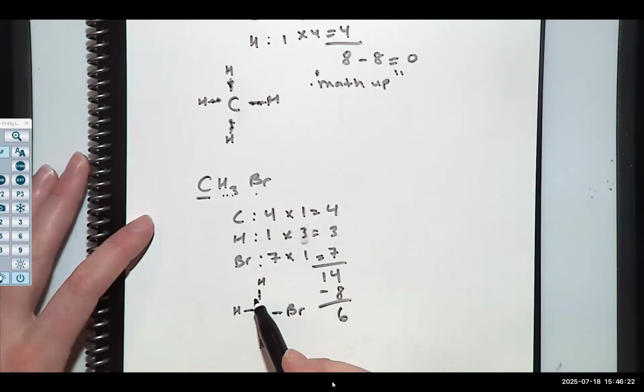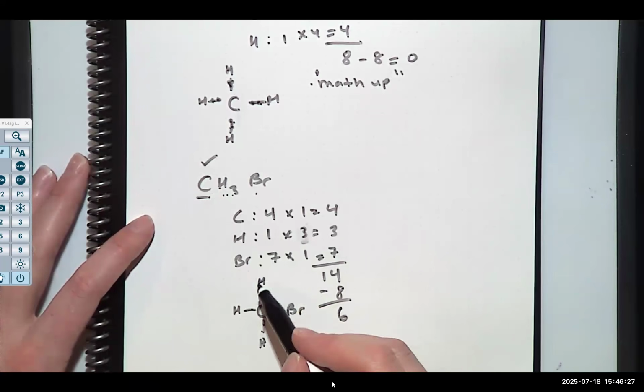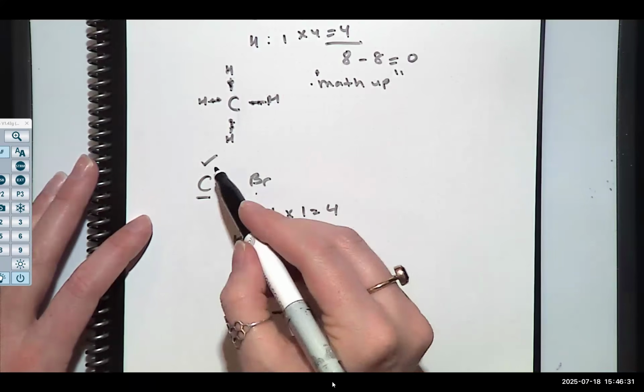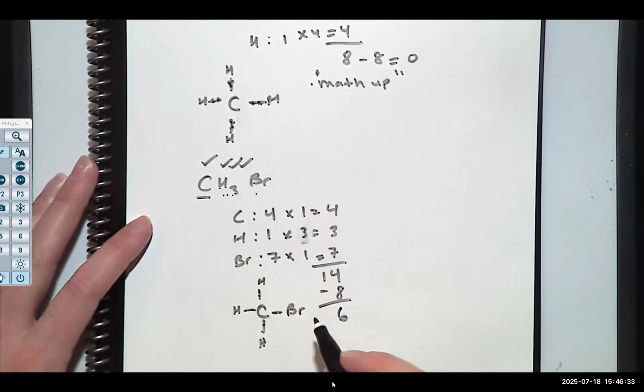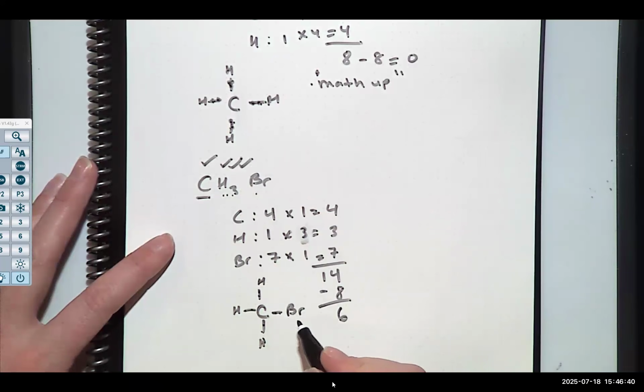So carbon has 2, 4, 6, 8 around it, so its octet is full. Each of these hydrogens has a bond to it, so each one has 2 electrons, so each one of their duets is full. But now bromine only has 2 electrons to it in this one bond.